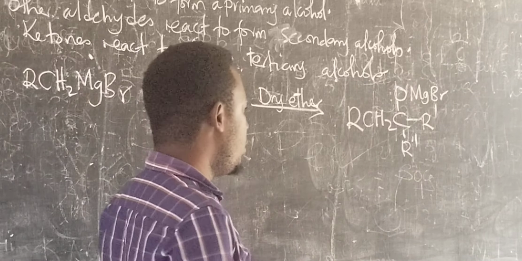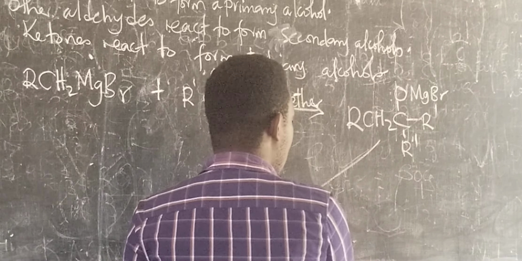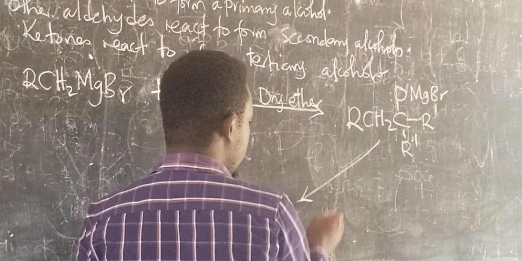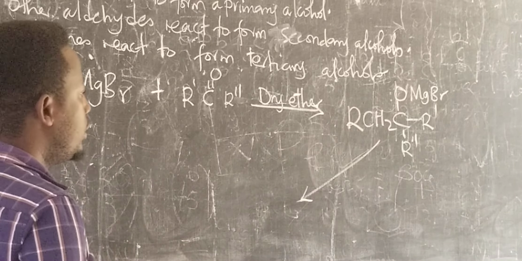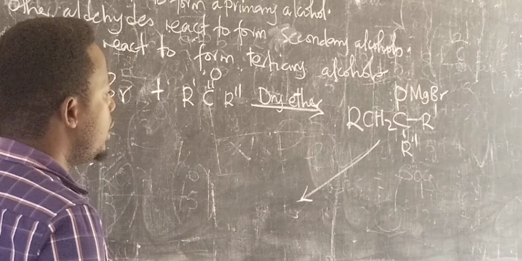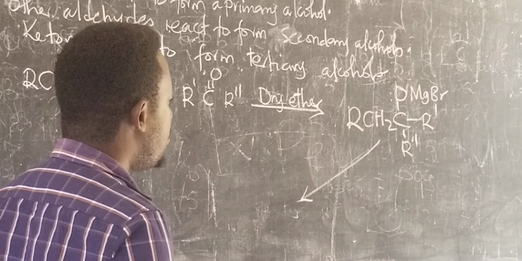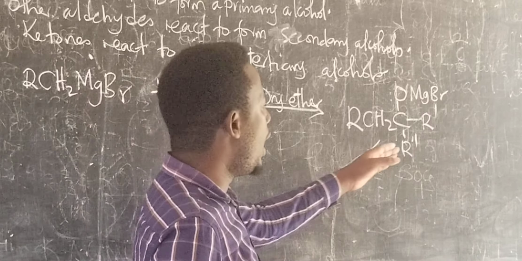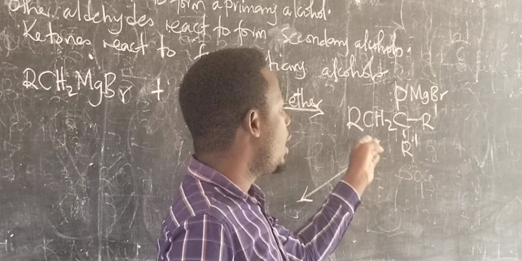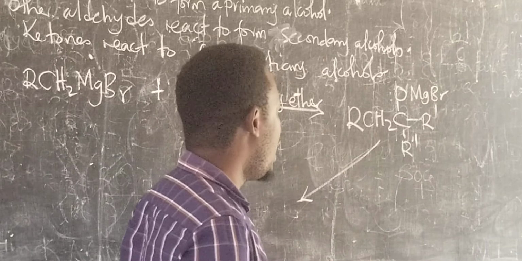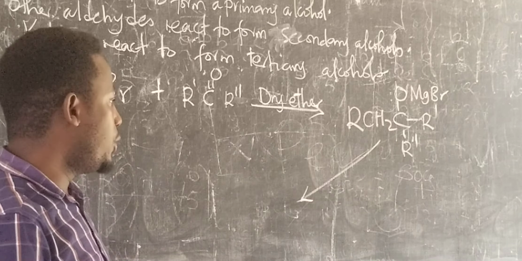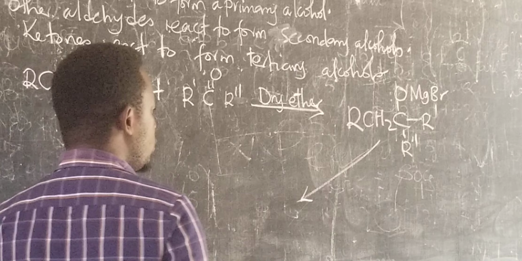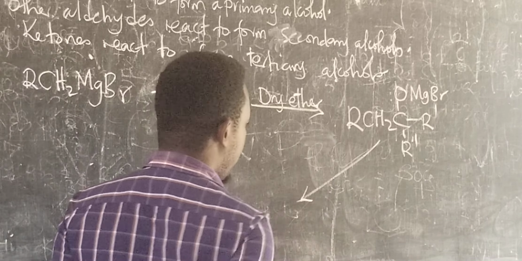But now this hydrolysis must not be in the acidic medium. Why do we say it shouldn't be in the acidic medium? Because there is a possibility that the alcohol can be dehydrated by the acid, leading to the formation of an alkene. So what we need here is ammonium chloride, right?